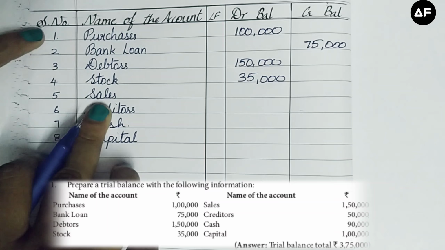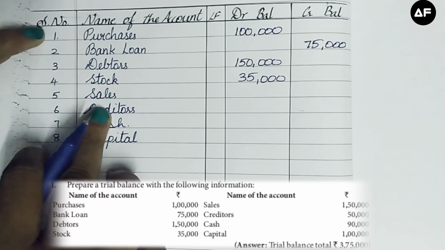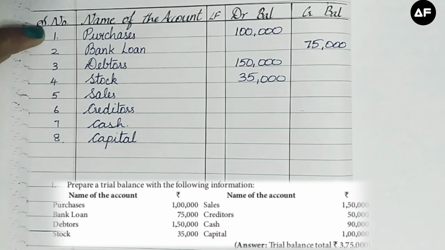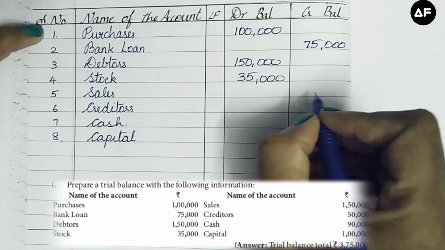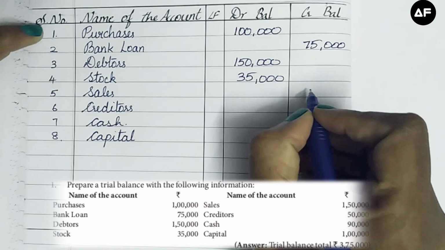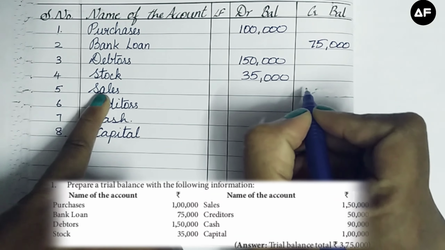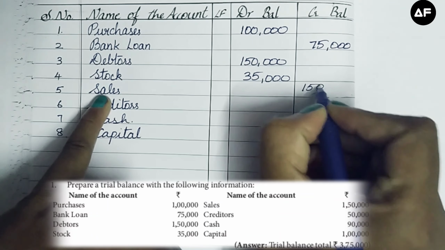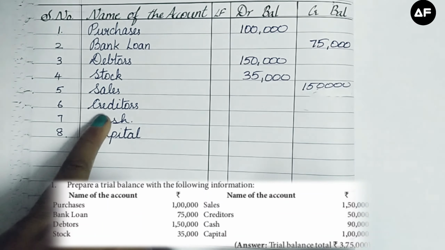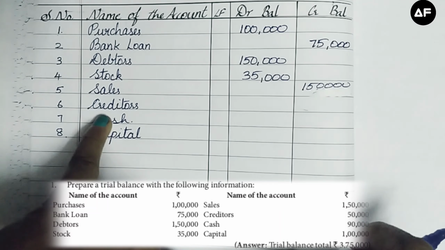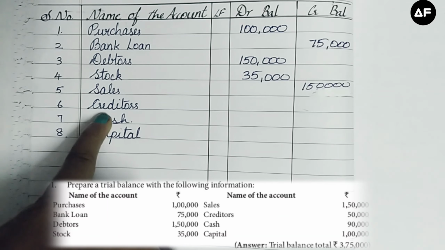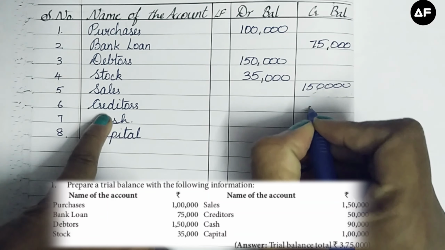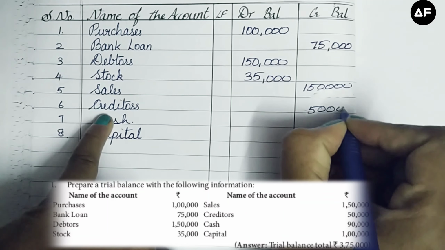When you're selling goods, the property is going out of the business. Therefore, you're going to credit sales. Whatever goes out, credit sales. 1,50,000 is going to be credited. Next is creditors. The name itself tells credit. We are supposed to pay them. We are liable to pay them. Therefore, 50,000 as creditors is credited.